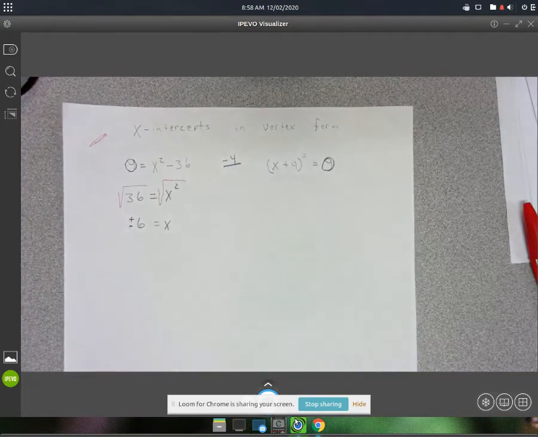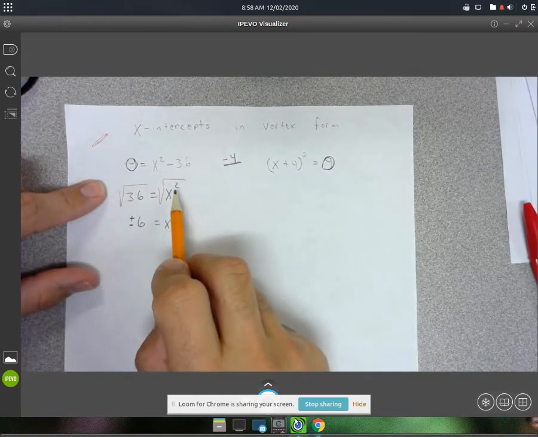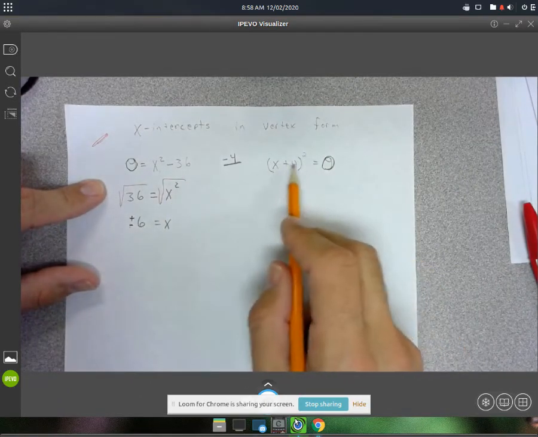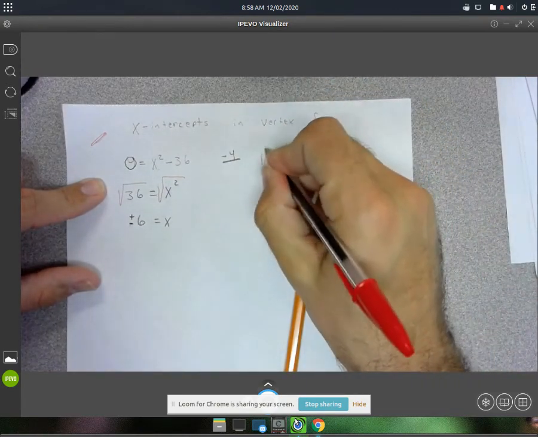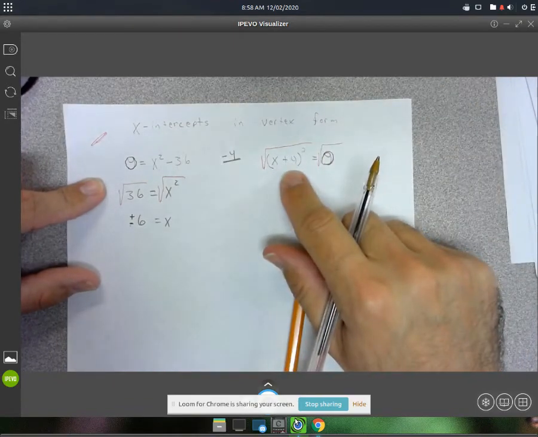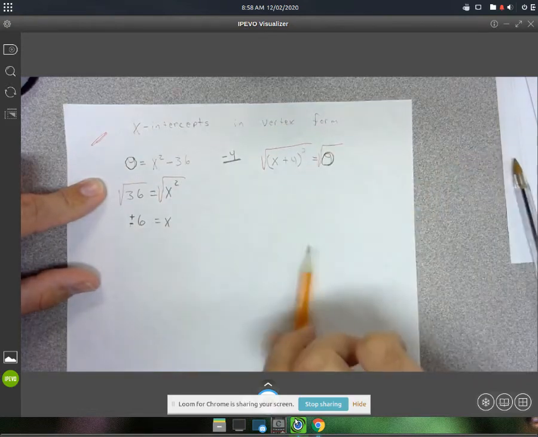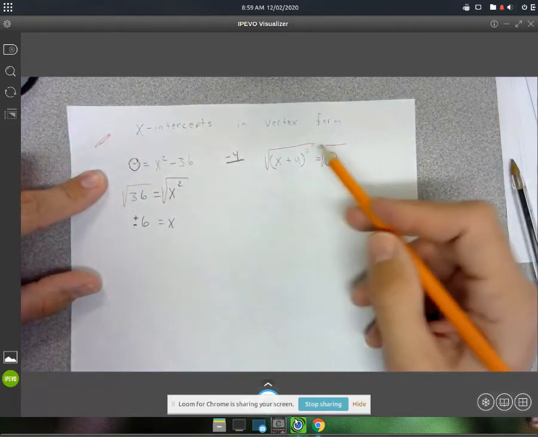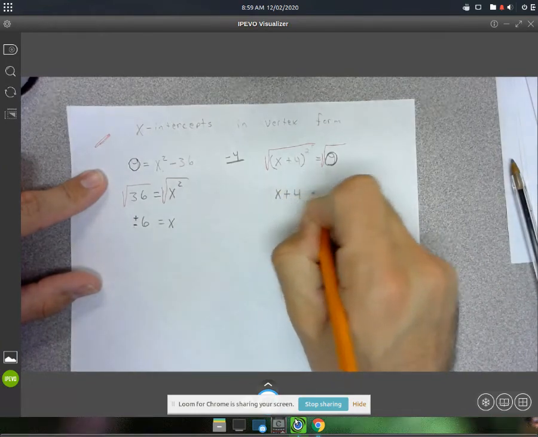And for this one, there's actually only going to be one answer. So over here, we square rooted both sides to get rid of the square. We're going to have to do that first, square root both sides, before we can access what's inside the parentheses here. So the square root and the square are going to cancel each other out, and you're just going to be left with x plus 4.